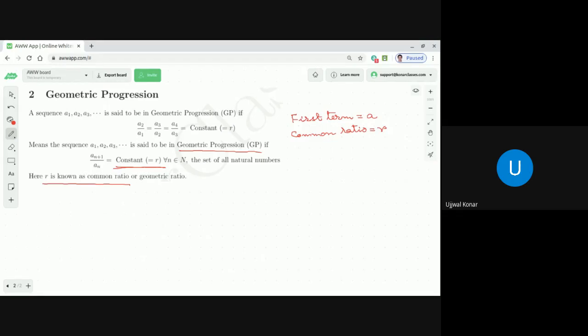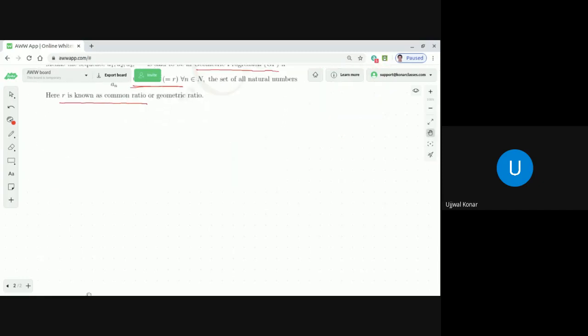But in geometric progression, there is a slight variation of the formulas based on the different values of R. We'll see it actually. The very important points are the nth term and the sum up to the first n terms. These are the two things we are going to discuss.